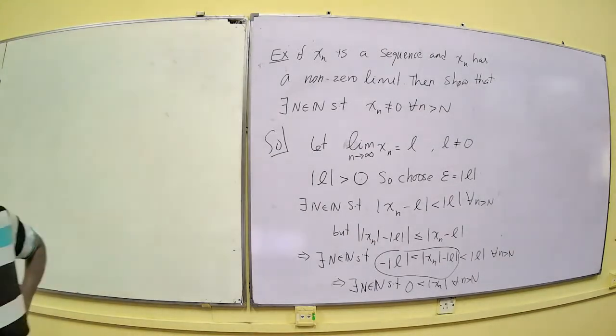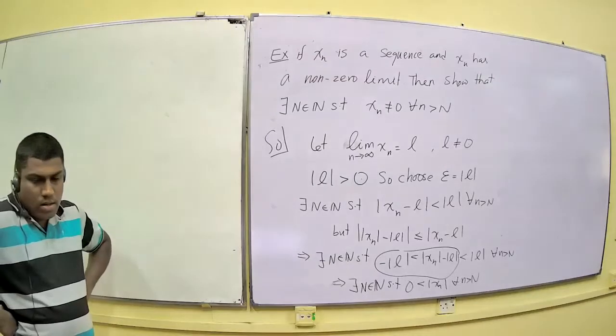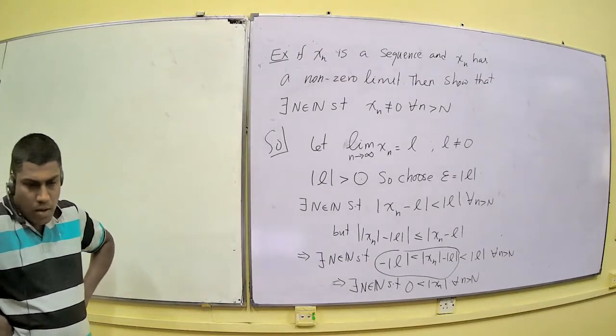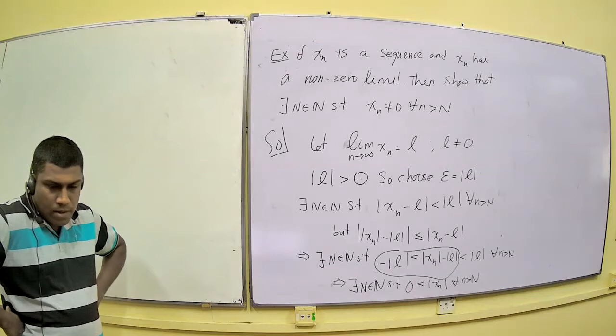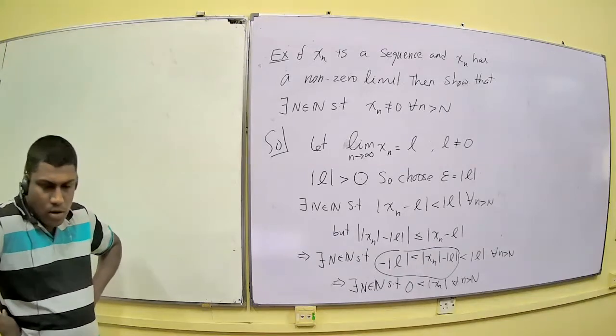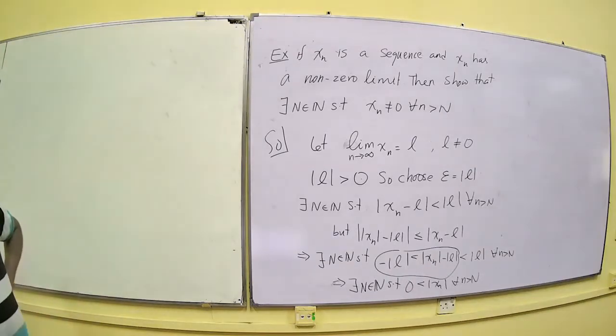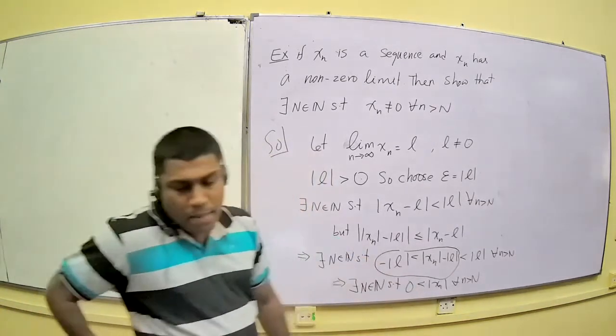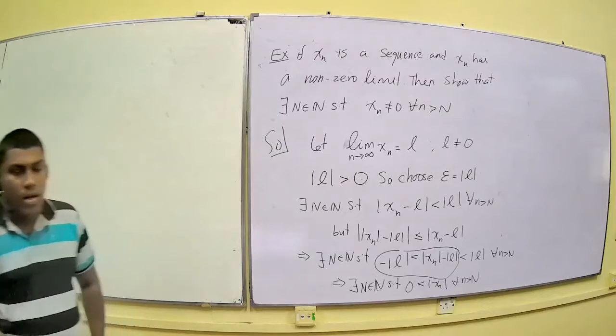I hope we had some issues with the power, but I think all of you are okay. So let me continue. Okay, so this is what you have: the absolute value of xn is bigger than 0.